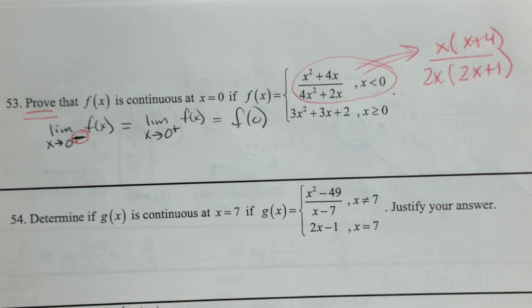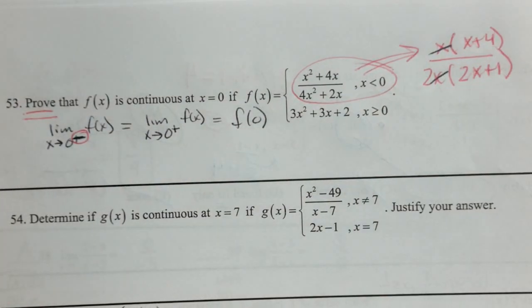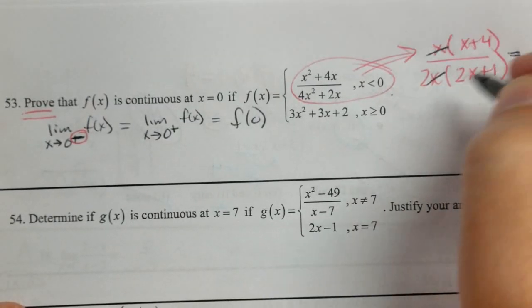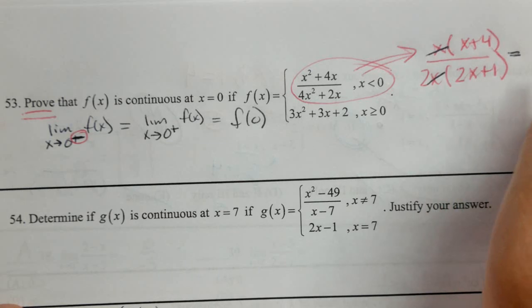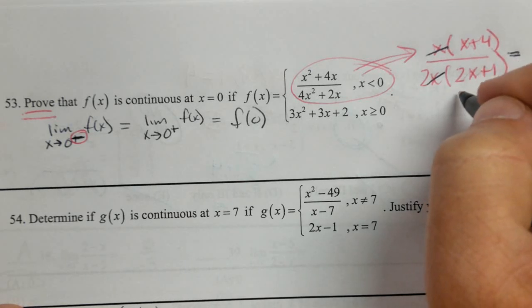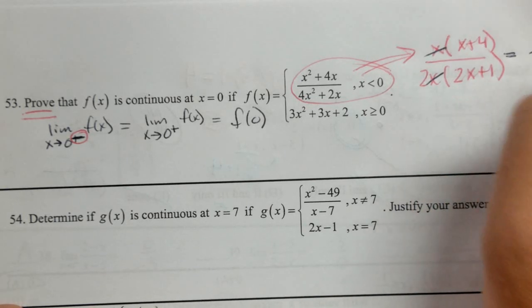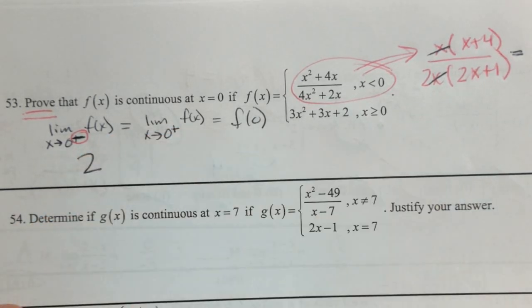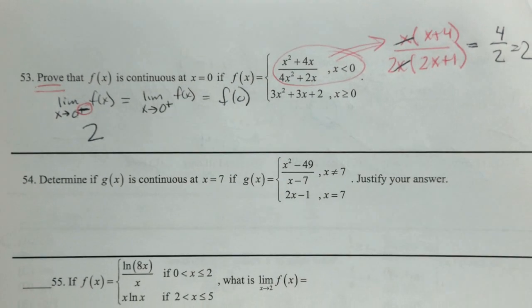Now I can cancel the x's, which would cancel the zeros. And if I plug in 0, I get 4 over 2 times 1, which is 2. Okay, so the limit from the left is 2.